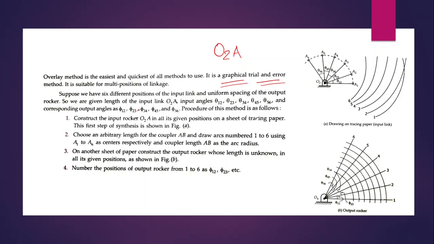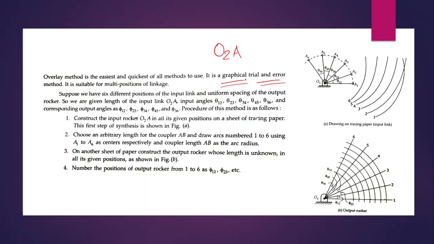And this is the step-by-step procedure. There are different steps for this overlay method. The first one: construct the input rocker O2A in all its given positions on a sheet of tracing paper.